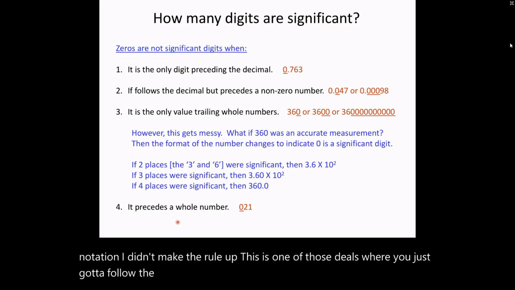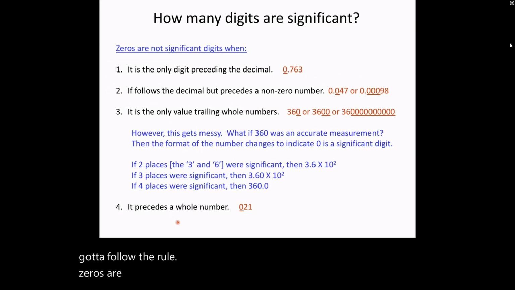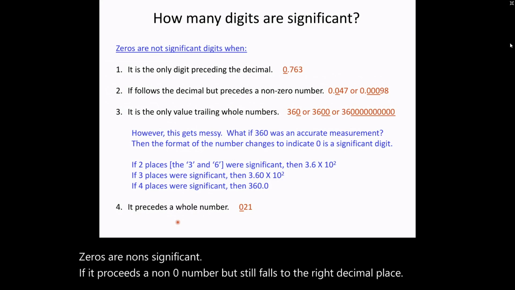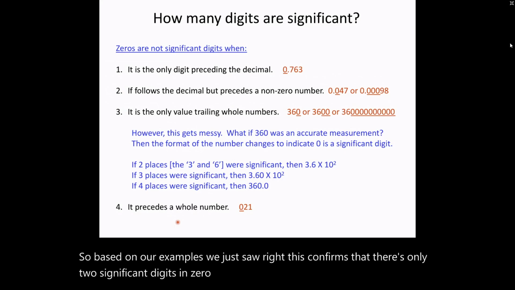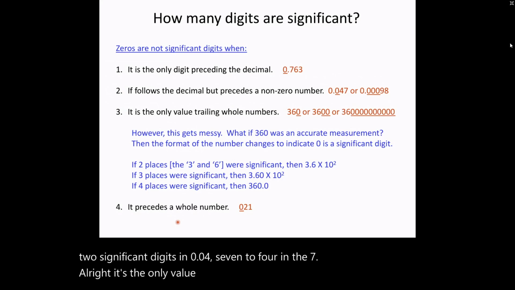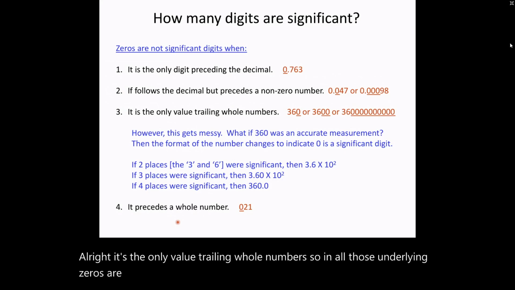Zeros are non-significant if it precedes a non-zero number but still follows the decimal place. So based on our examples we just saw, this confirms that there's only 2 significant digits in 0.047, the 4 and the 7. All those underlined zeros are not significant. They're just placeholders.